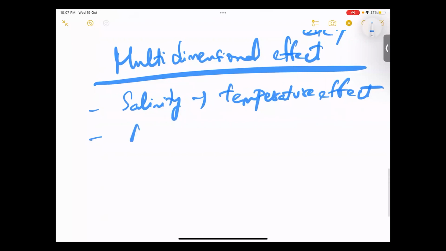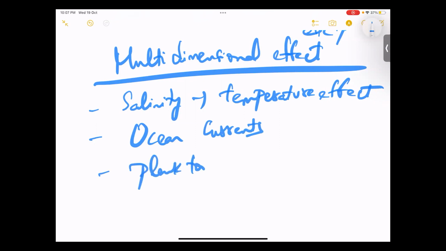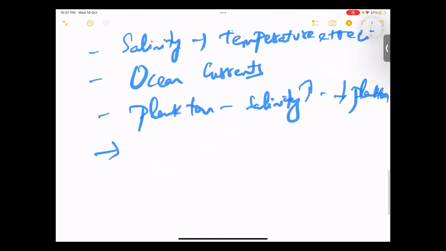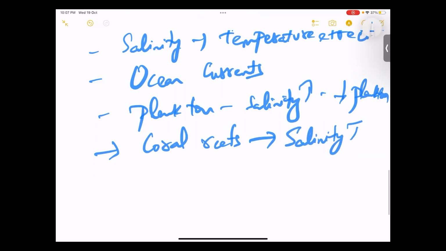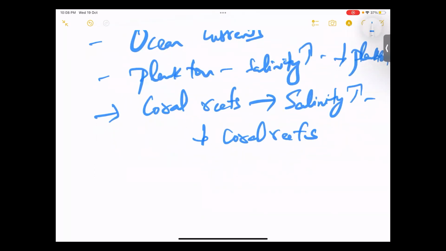It has an effect on ocean currents. It has an effect on the plankton, because high salinity reduces the plankton, and then it has a direct effect on coral reefs. So high salinity again will reduce coral reefs.